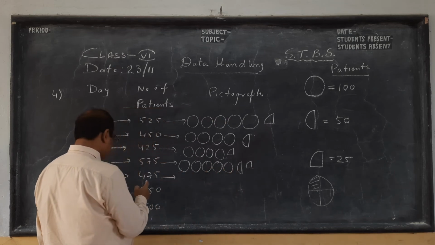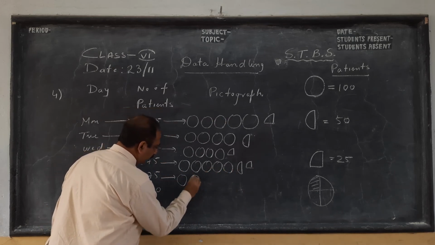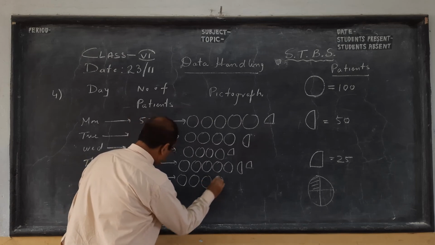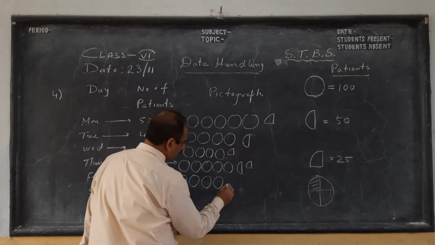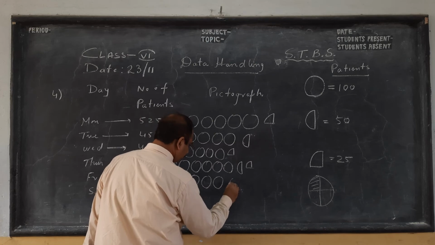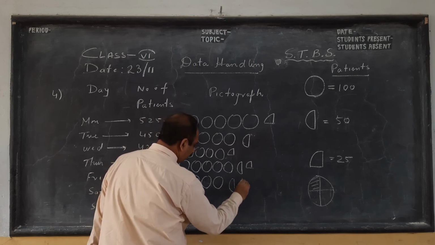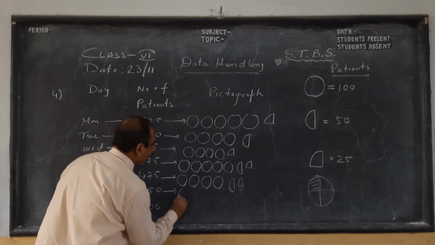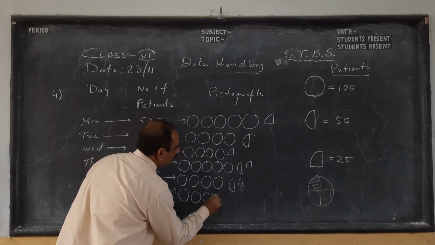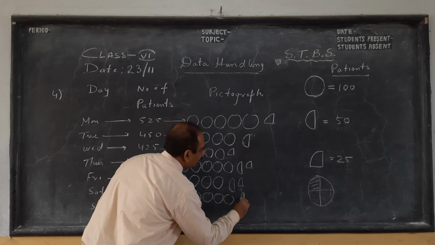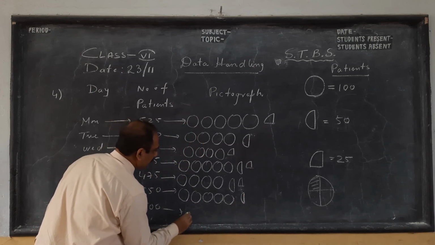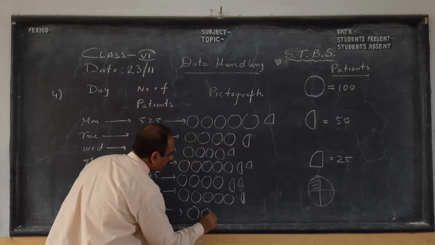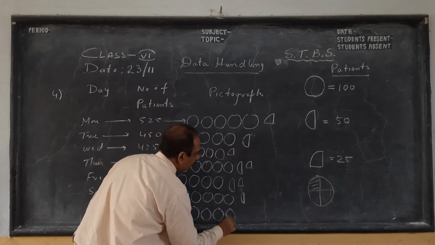And next is 475: 100, 200, 300, 400, and 75 is like before, 50 and 25. Next is 550: 1, 2, 3, 4, 5, 50 we do like this. The last one is 500: 2, 3, 4, 5.